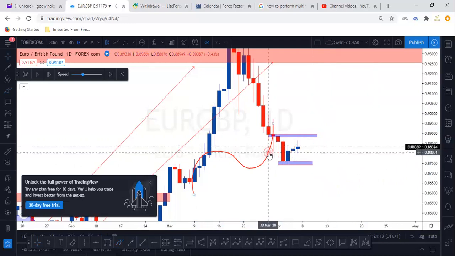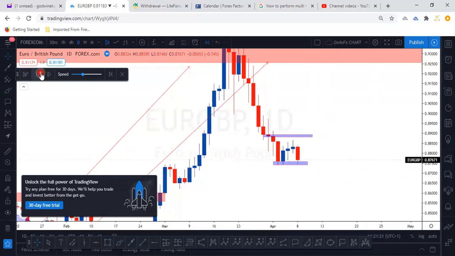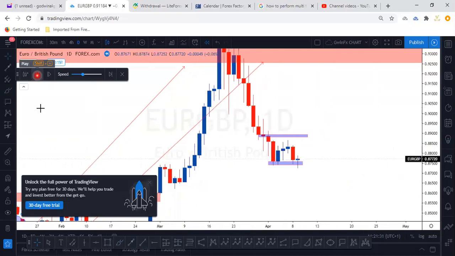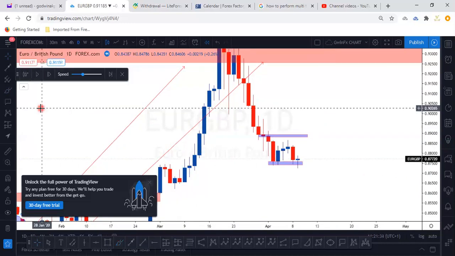So let's see what I had there. Next day came in, bearish. Okay, I am back here at this support. So what do I want to see? A bullish confirmation. Next day, indecision candle. Very awesome.